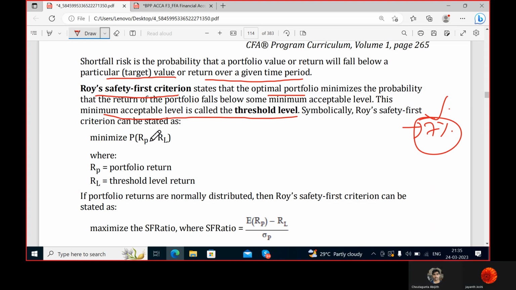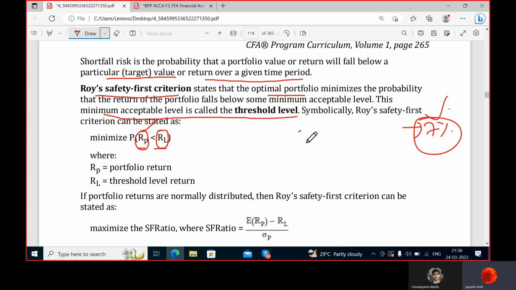Understood, Abhijit? Yes. Okay. That means the return should always be more than the threshold level. That is what they say. So they tell you that the optimal portfolio is the one which minimizes the probability that the return of the portfolio falls below some minimum acceptable level.